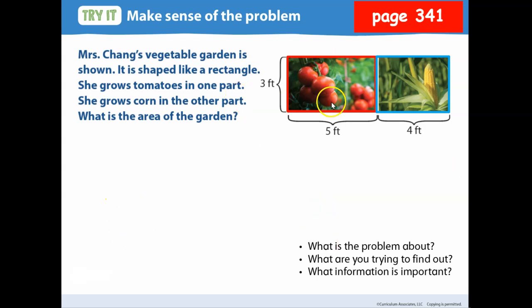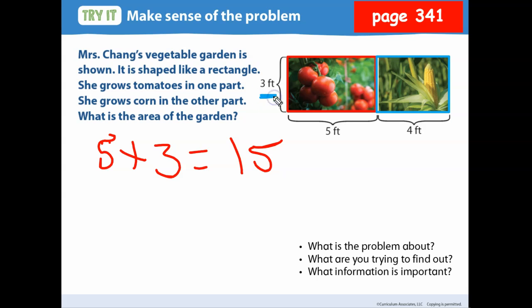So let's do the red one first. So again, length times width, right? So what two numbers am I adding? I'm multiplying, sorry. 5 times 3, which is 15. And then the blue one? Look, if 3 is on this side, it's the same length as on the opposite side, right?